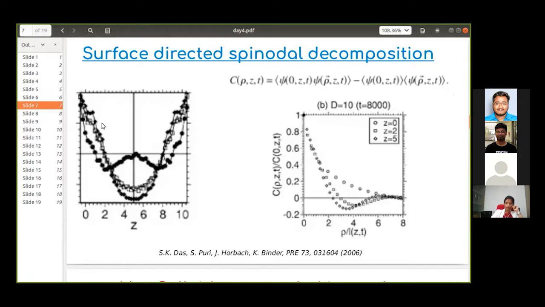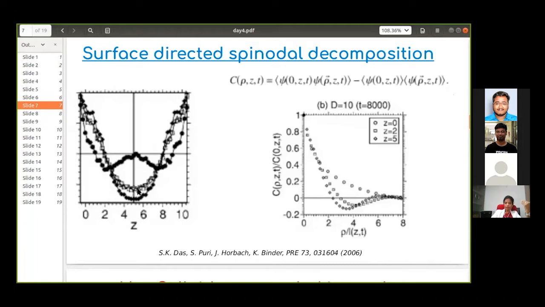Initially, there is a surface adsorption layer which gets prominent because you have this positive value of the order parameter. Next to one surface adsorption layer, you have a depletion layer where the order parameter is negative.